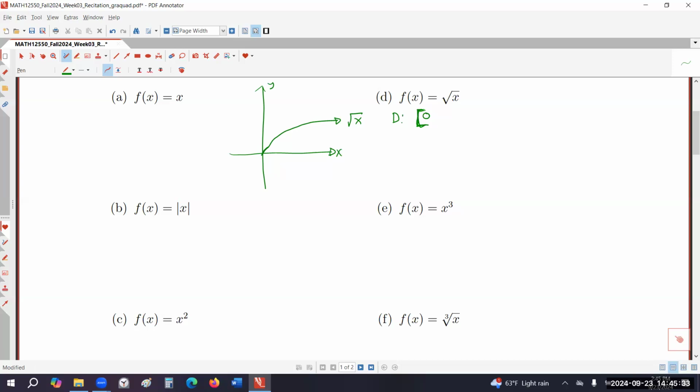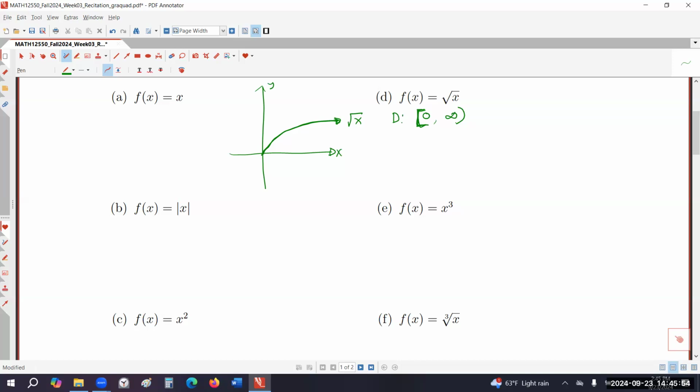We have a y value for that x value. And now you see all the x values we are applying here, and we don't have any problem with any of the numbers. So what's the largest x value we can apply in our function? Infinity. Since it is a symbol, we use parentheses instead of a bracket.